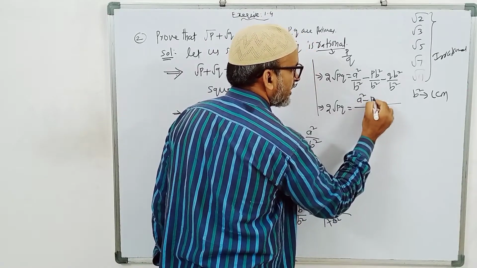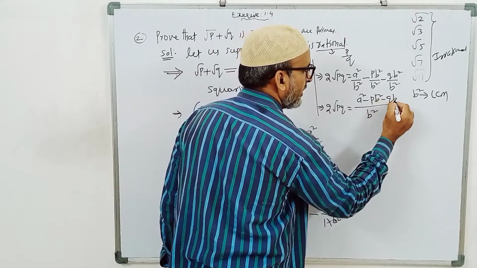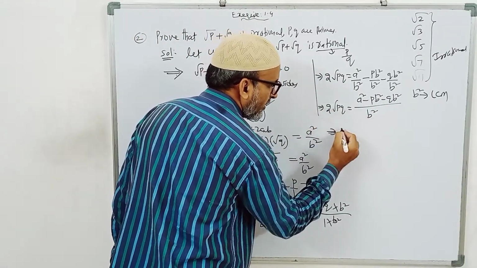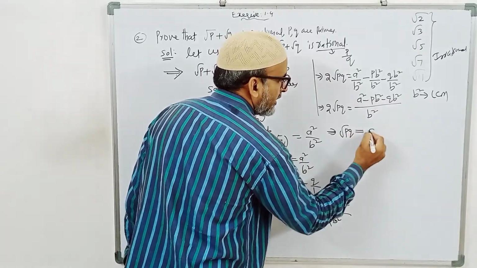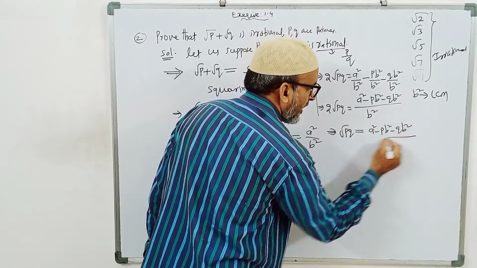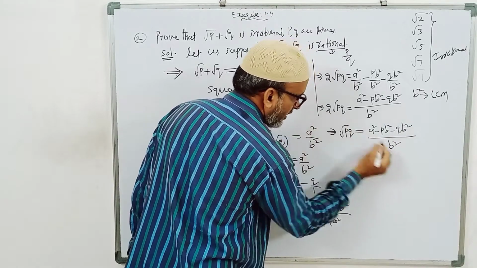Implies 2 root PQ is equal to A square minus P B square minus Q B square, all over B square. Taking the 2 to the denominator, root PQ is equal to A square minus P B square minus Q B square by 2B square.